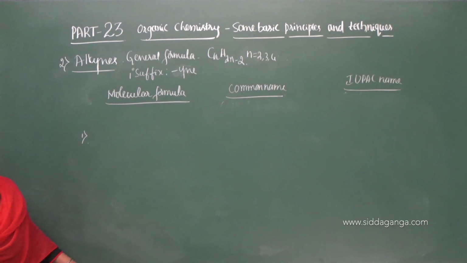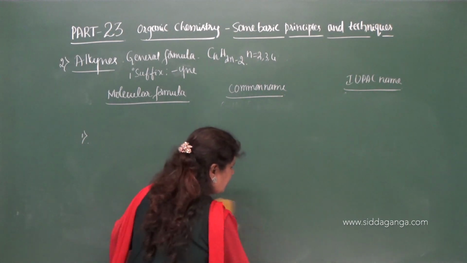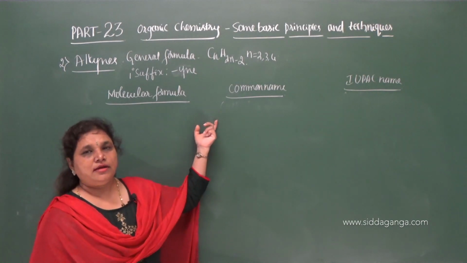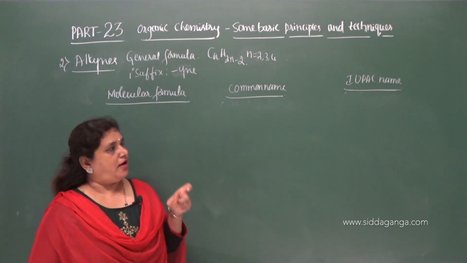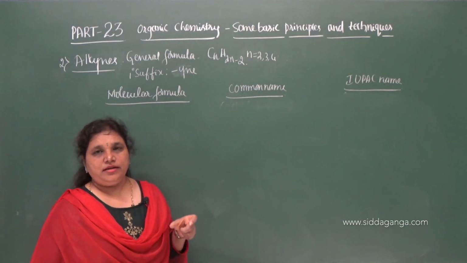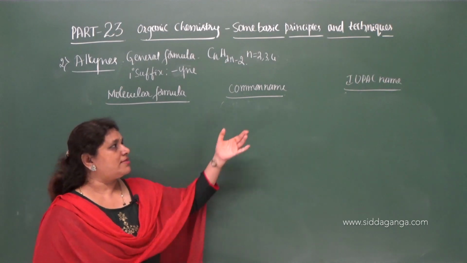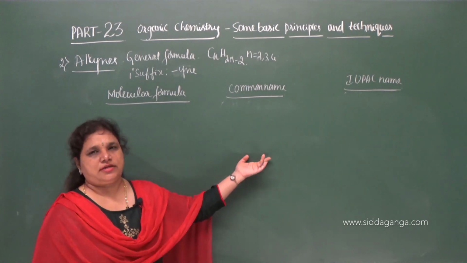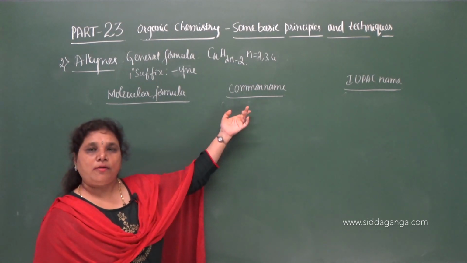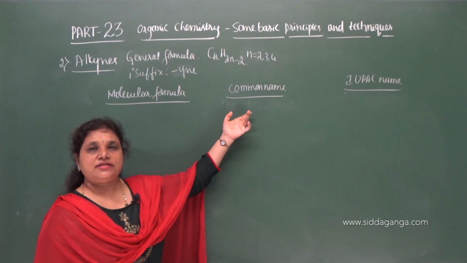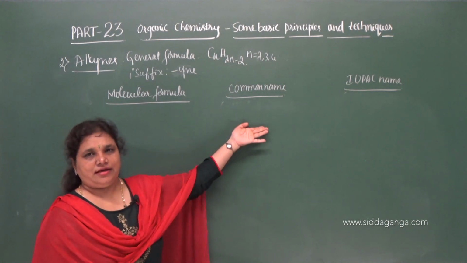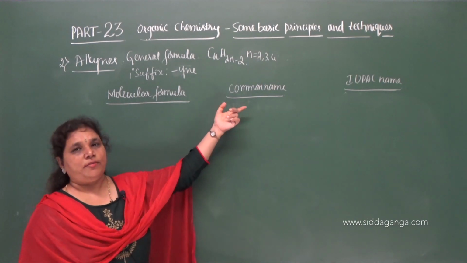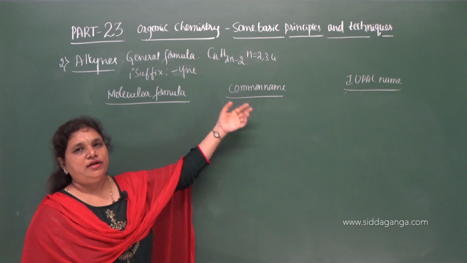The common name starts from acetylene, and acetylene is the first member of the alkyne series. Therefore, the remaining members are always named by taking derivatives of acetylene, meaning substituted acetylene. So we give the common names of other members of the series as substituted acetylene.